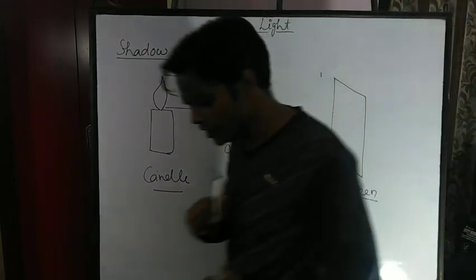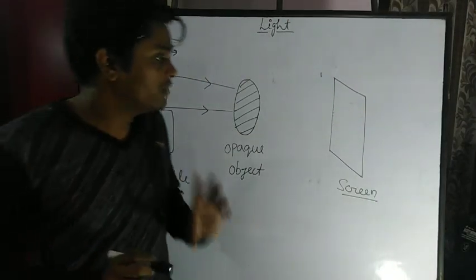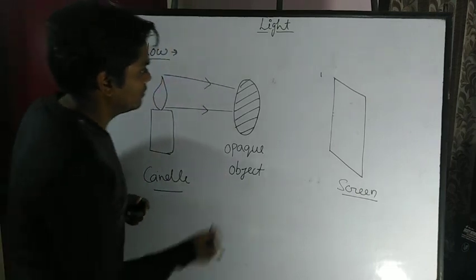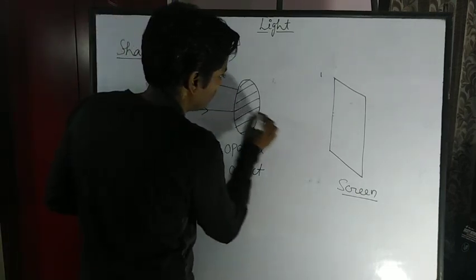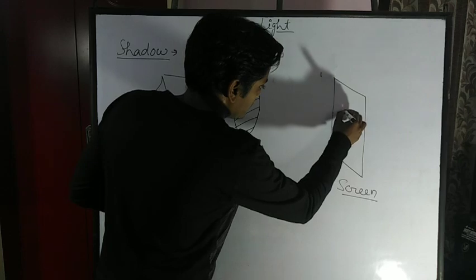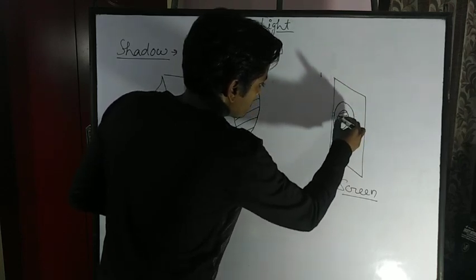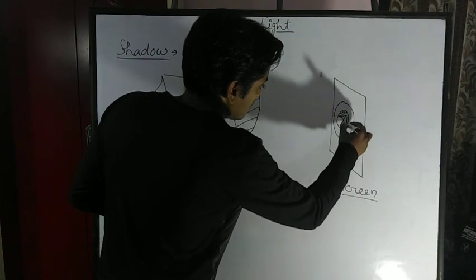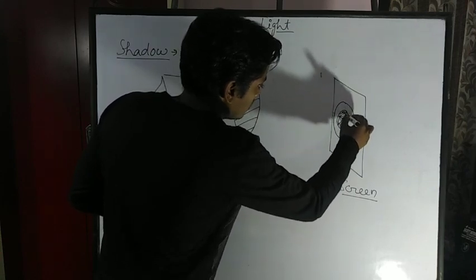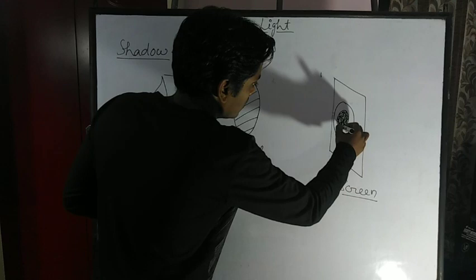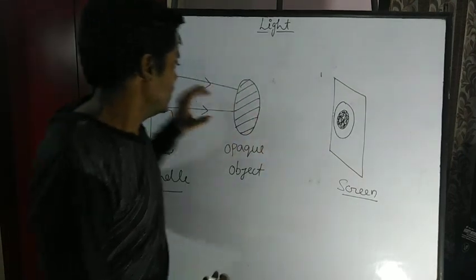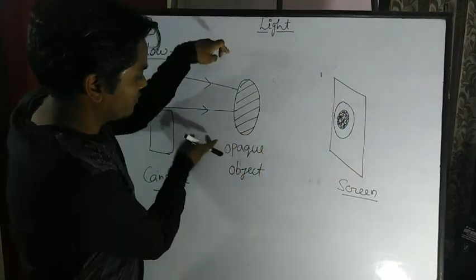Now, what will we find? We will find a dark region because of this opaque object.